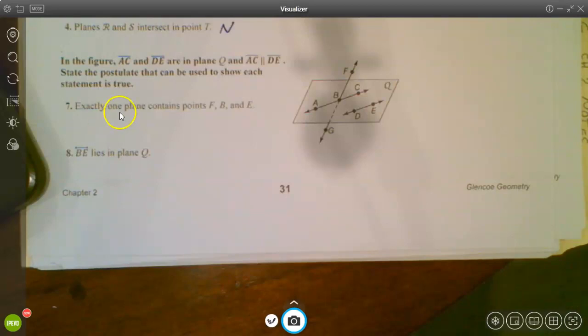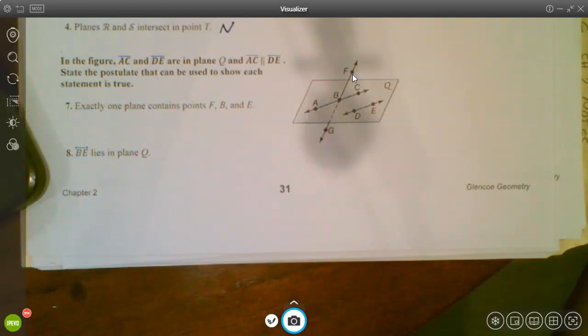So exactly one plane contains points F, B, and E. If you look at point F, point B, and point E, those 3 points are obviously non-collinear. So which postulate matches that idea?